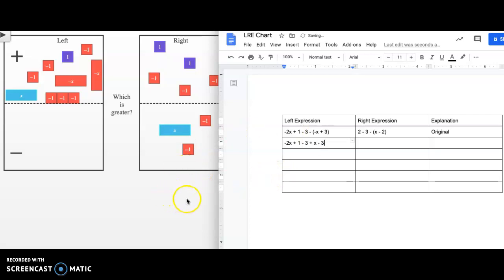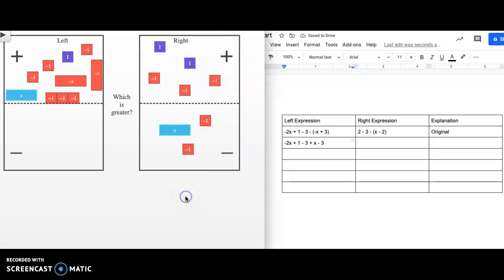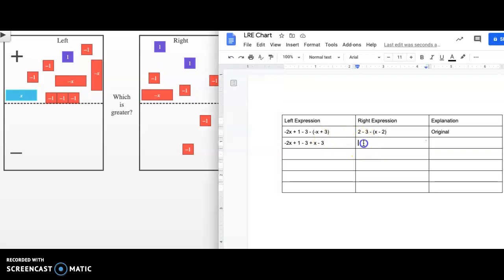All right. And then on the right side, I want to do the same thing. So the opposite of a positive x is a negative x. So I'm going to flip it up and make it what it is. So over here, I'm just going to rewrite that in the top there. I had those positive 2s, negative 3s. And then what we just did was we flipped up the x.